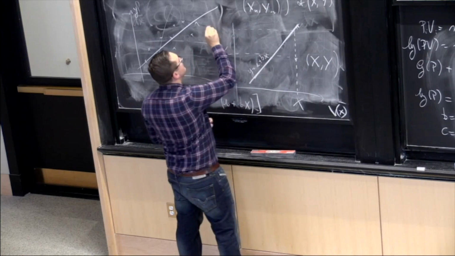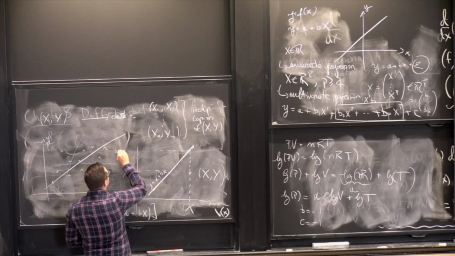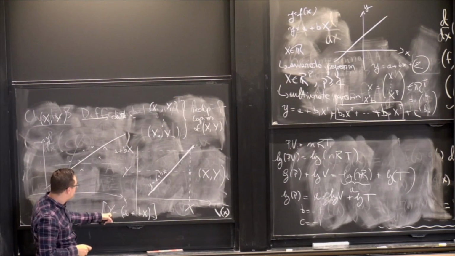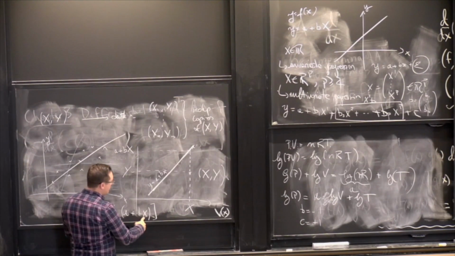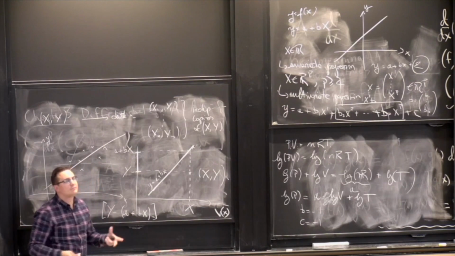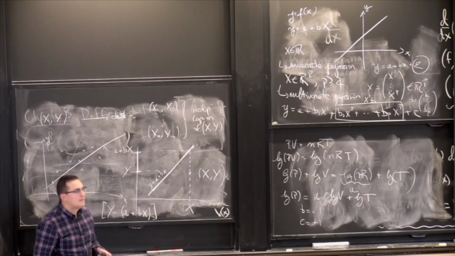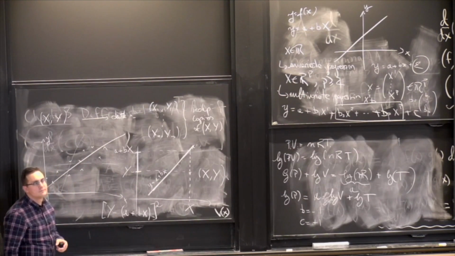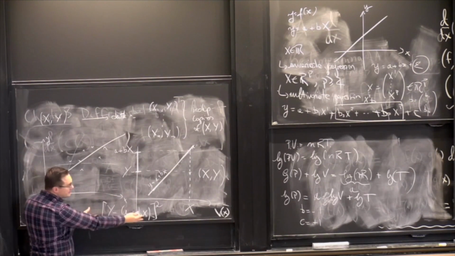This value here is a plus bx, right? So what I'm really measuring is the difference between y and a plus bx, which is this distance here. And since I like things like Pythagoras' theorem, I'm actually going to put a square here before I take the expectation. Okay? So now this is a random variable.